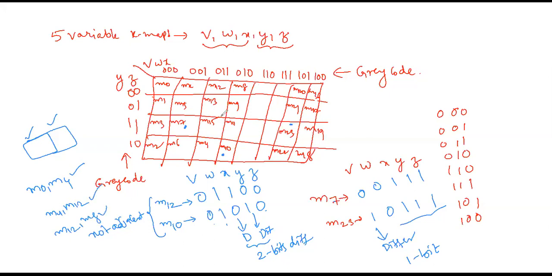Any two side by side square cells are adjacent cells. Okay. The second topic is the two variable K-map. How to simplify that, we will see in the next class.